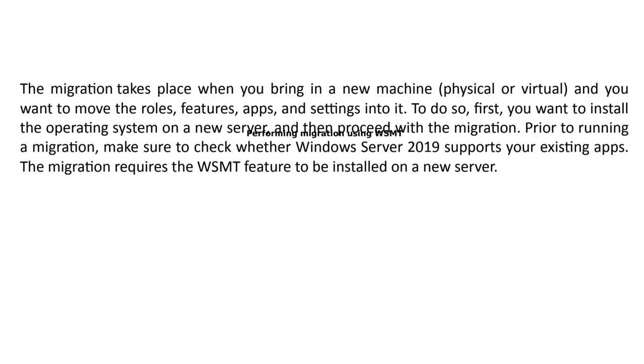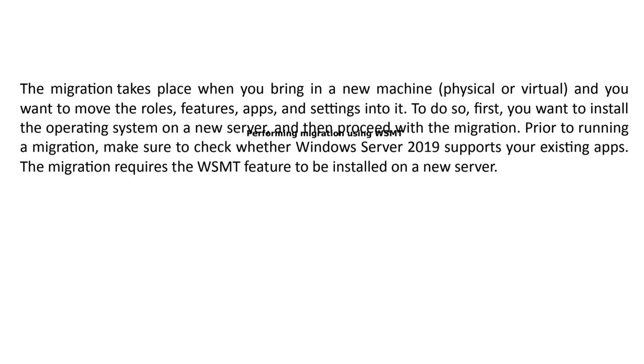Another option is migration. So you bought a new machine, and you have an old machine, but you don't want to format it. You want to move all the options, all the roles, services, users to the new machine. So first you install the OS on the new server.